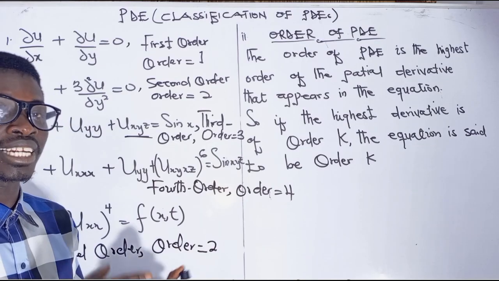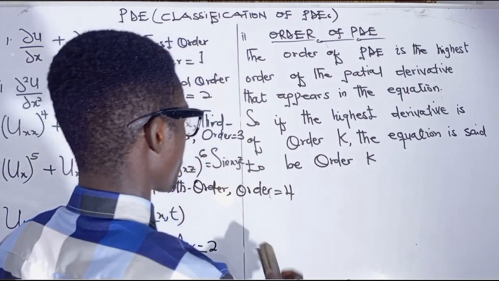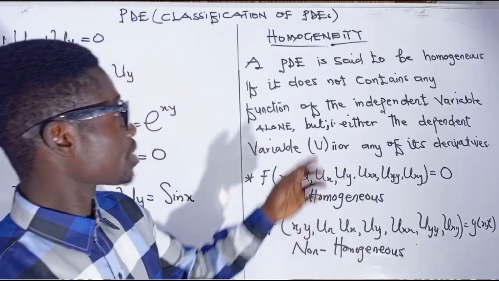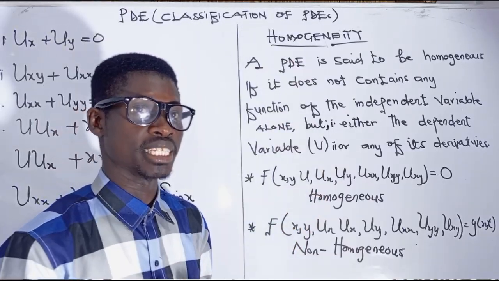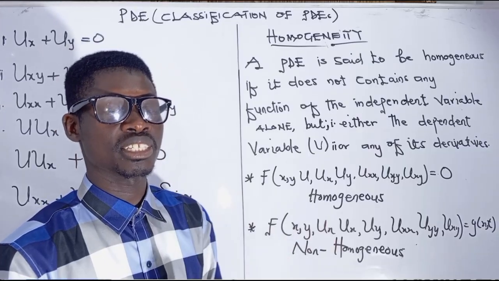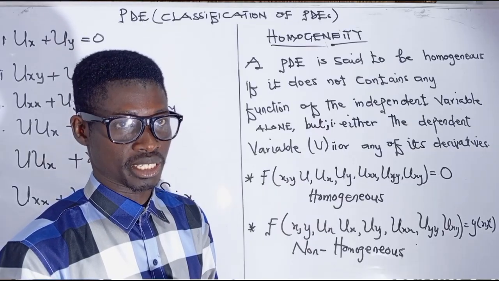Let's look at the other classification that is based on homogeneity. So we are looking at the homogeneity of PDEs. As I said, under homogeneity, we have the homogeneous PDE and the non-homogeneous PDE.